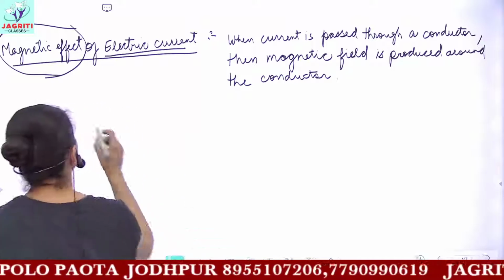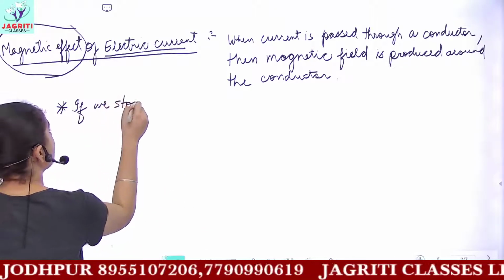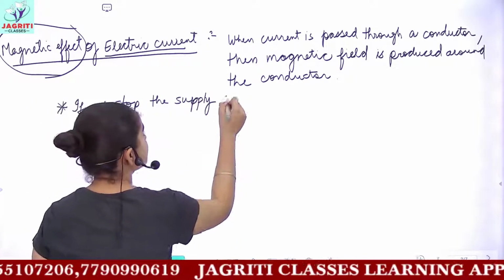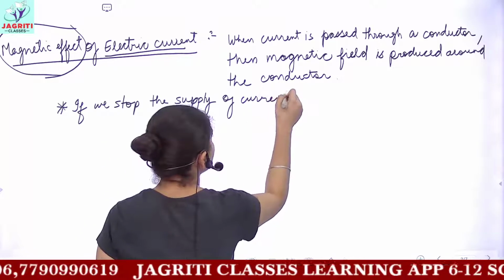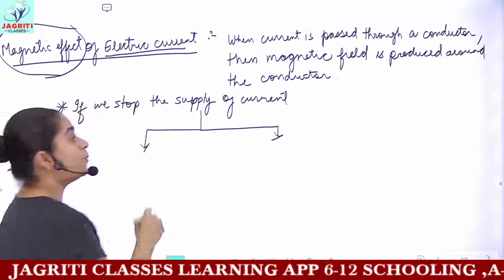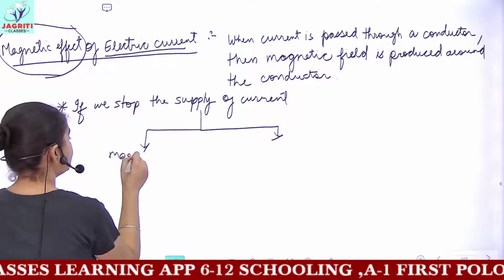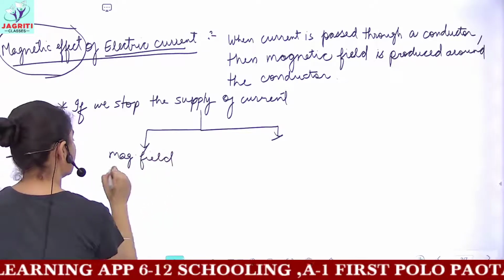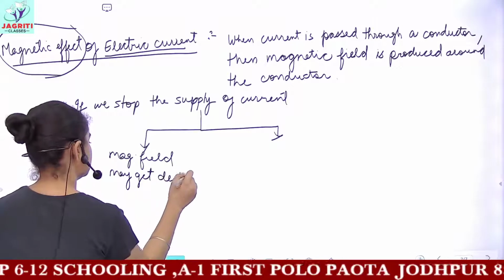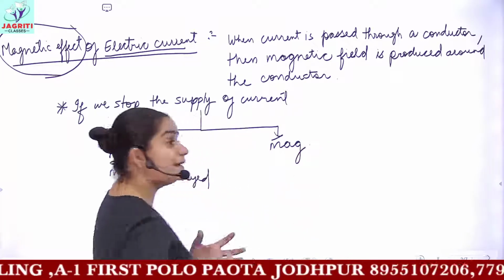But remember one thing, if we stop the supply of current, then you can have two conditions. If you stop the current flow through the conductor, then the magnetic field may get destroyed, or there are certain materials which get permanently magnetized.